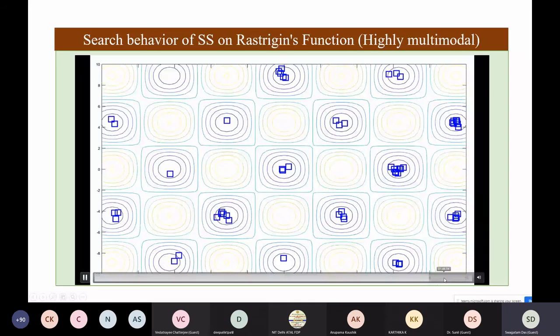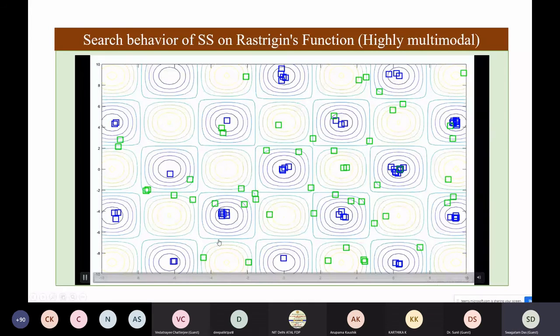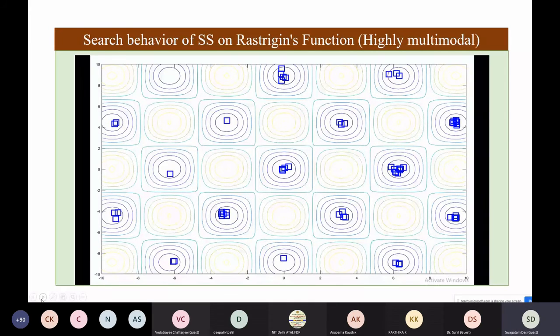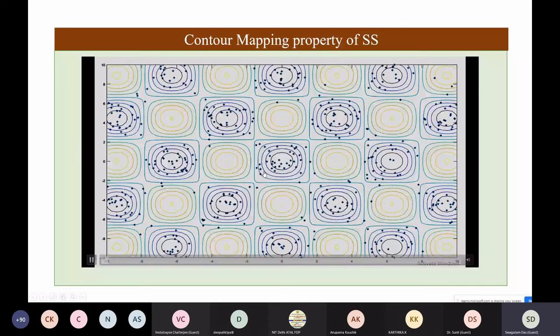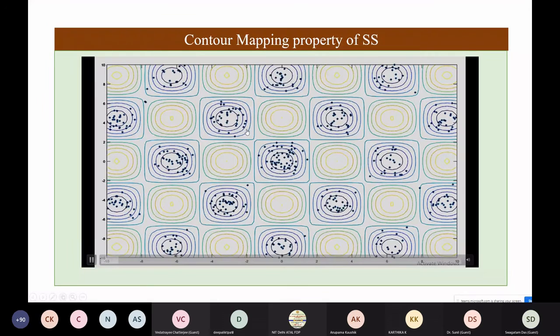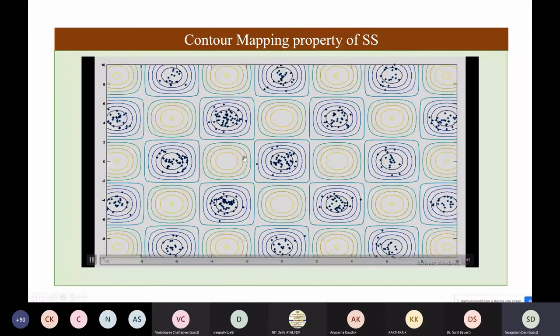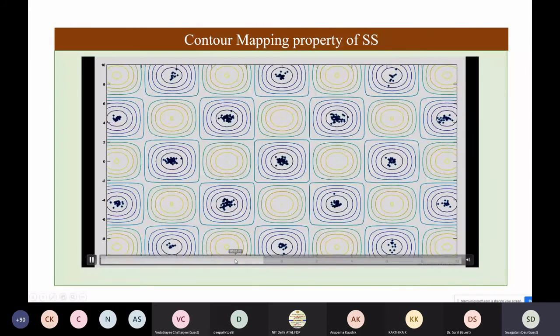So, if you see, this is what is called basin to basin transfer and the contour mapping property, how the solutions are actually moving into different optimal basins of attraction and gradually converging over there. This is what is happening in Rastrigin's function.